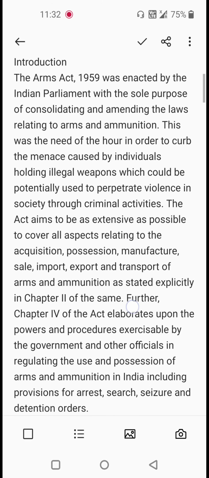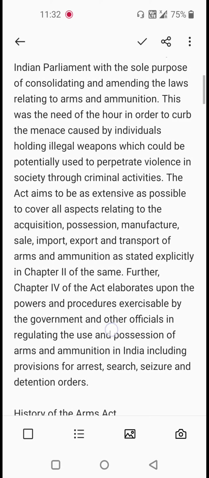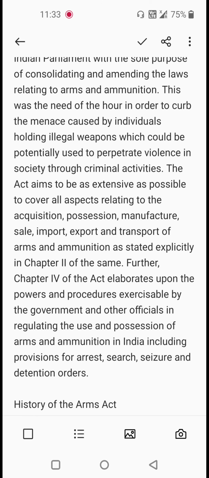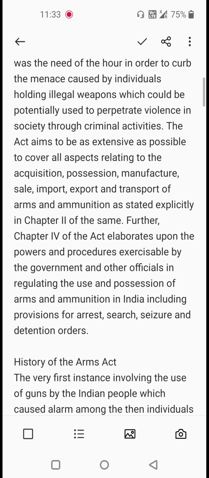The Arms Act 1959 was enacted by the Indian Parliament with the sole purpose of consolidating and amending the laws relating to arms and ammunition. This was the need of the hour in order to curb the menace caused by individuals holding illegal weapons, which could potentially be used to perpetrate violence in society through criminal activities.